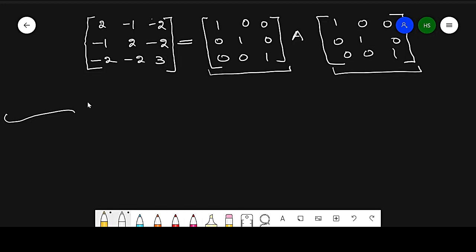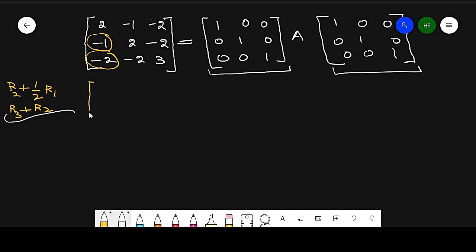Now, to make these terms 0, I apply the row operation. First is R2 plus 1 by 2 R1. Next is R3 plus R2.